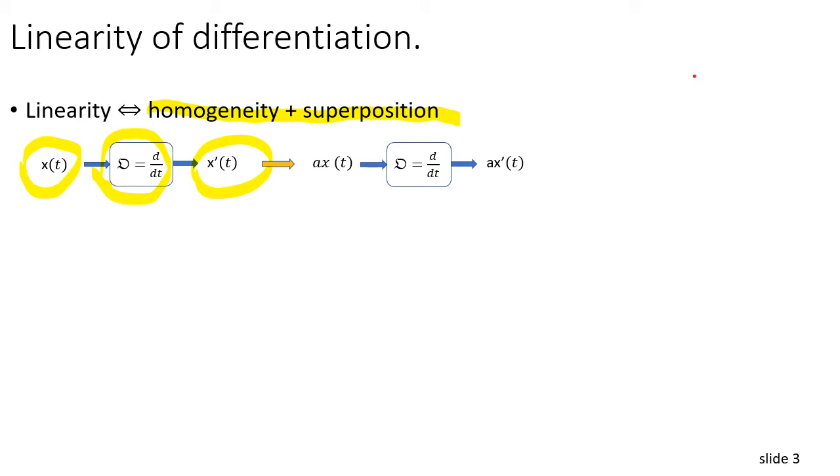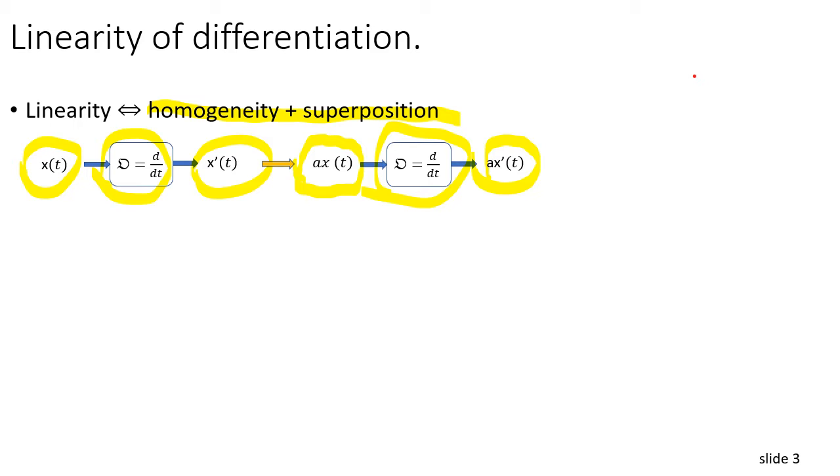If we have another function called a times x of t, and we take the derivative of it, and by the way, a is any finite real number, the derivative is just a times x prime of t, with the same a as a multiplier.